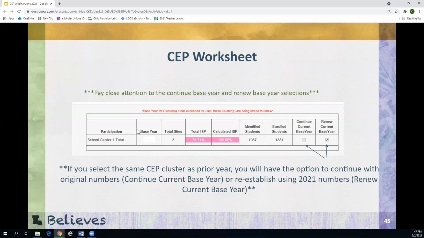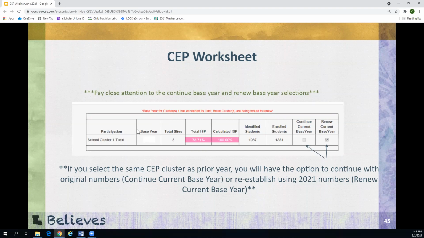If you select a cluster that doesn't match what you did in prior years, your only option is going to be to renew the current base year. So you cannot continue if you've made changes to that cluster. If you're not including a school that you did include previously, or you're adding some additional schools into the cluster, then your only option would be to renew the current base year.